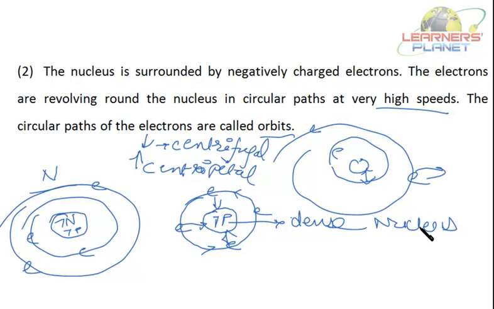So due to these equal and opposite forces, the electrons maintain the circular path, and as they are moving at very high speeds, they are not collapsing into the nucleus. So this was the model proposed by Rutherford for the structure of the atom.